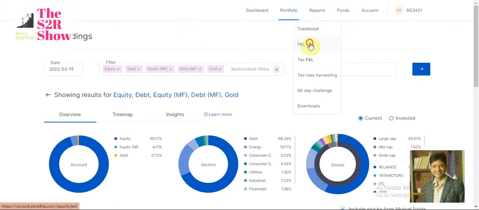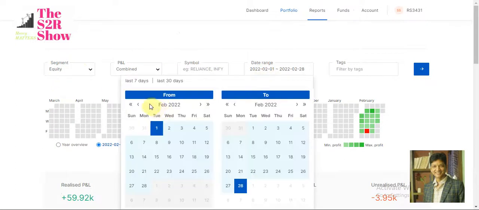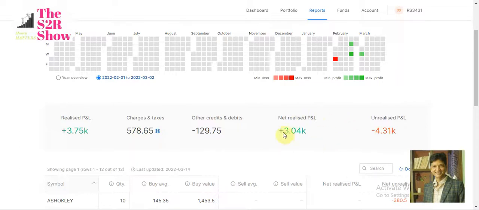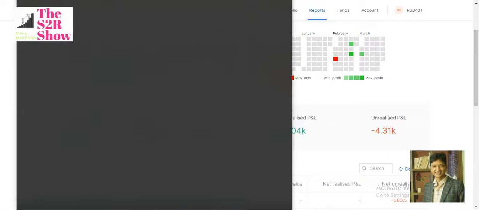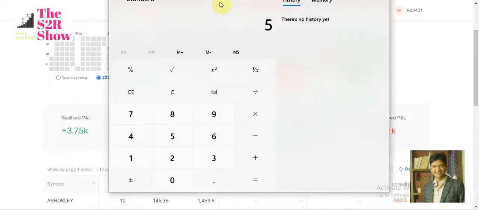We also see in equity if we have some losses or profit, February 1 to February 28. Okay, a very nominal amount, 3,000 rupees. 55 plus 3, so it is 58,000 rupees.